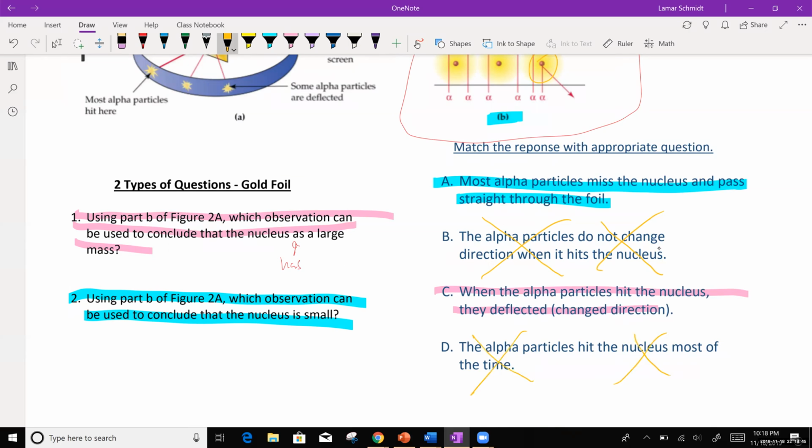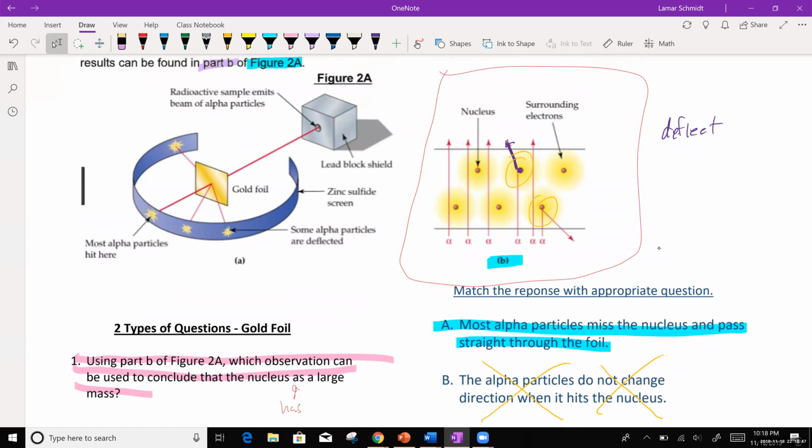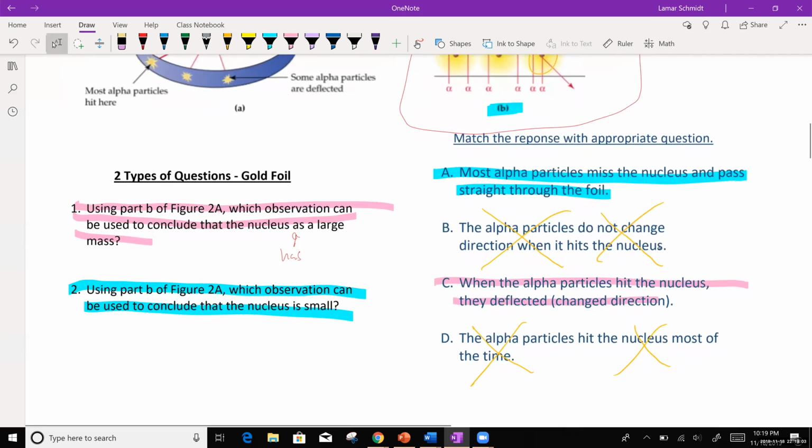That is absolutely not true. If you look at this, 4 times it misses, and then 2 times it deflects. This is just a small scale model, but most of the time they miss. They did not hit the nucleus most of the time, so you cannot make that claim.